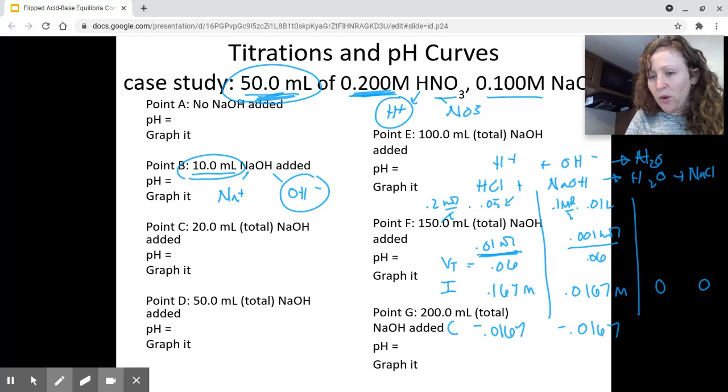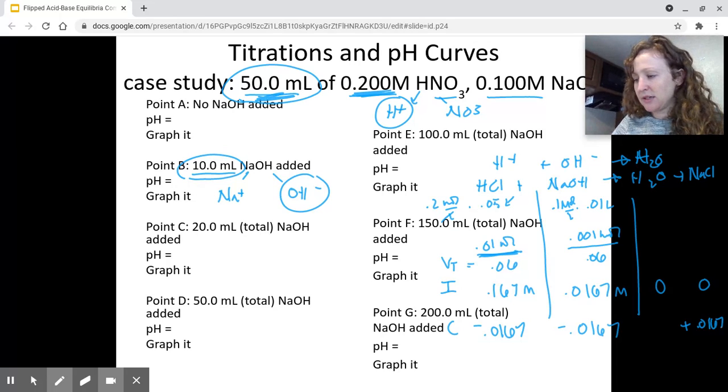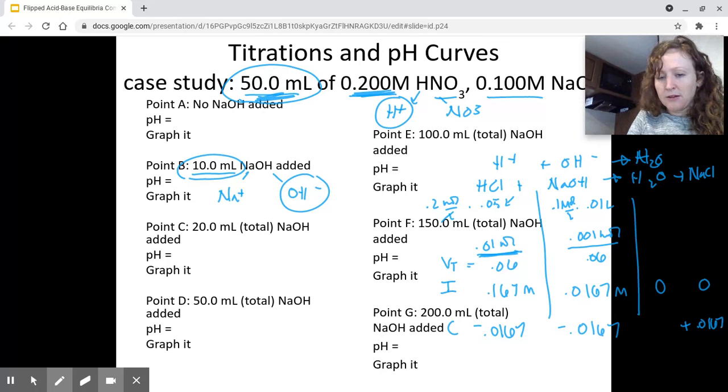I ignore water, plus 0.0167, and let's see, 0.167 minus 0.0167 is 0.1503. I have none of my base left. I have 0.0167 of my salt.